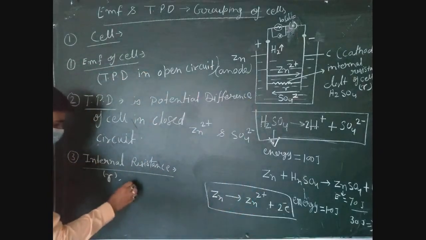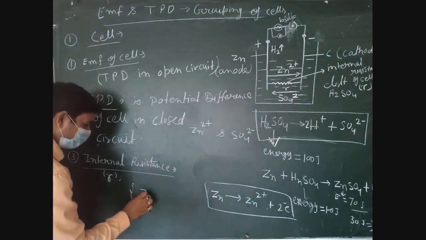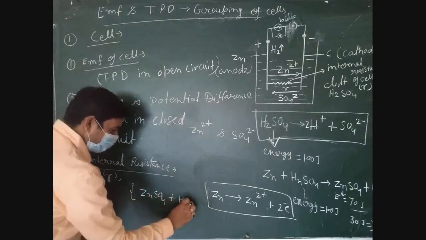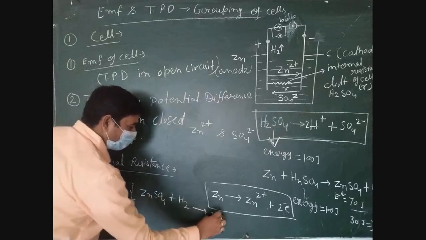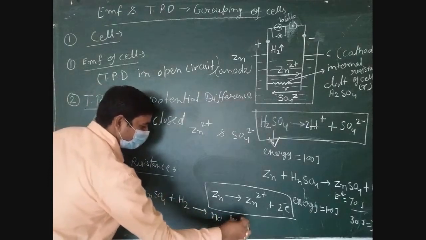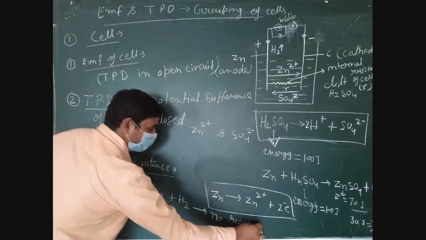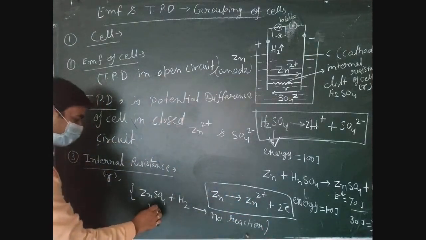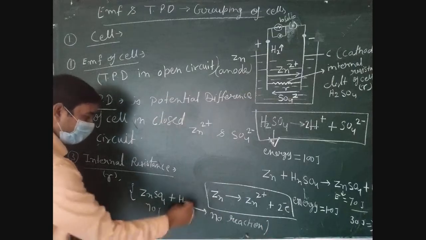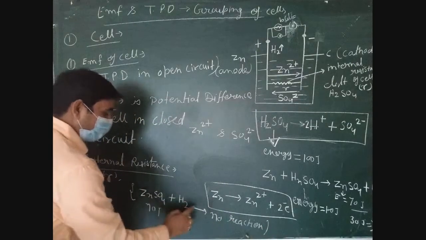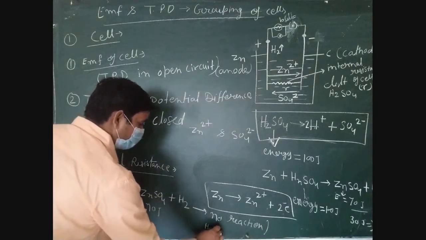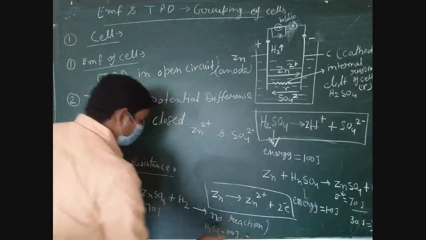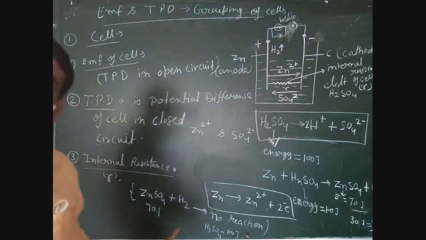And students, you also know that when ZnSO4 reacts with hydrogen, you get no reaction. Why no reaction? Because it has energy of 70 Joule only, and when it reacts it forms H2SO4, and the required energy is about 100. But ZnSO4 provides only 30 Joule.